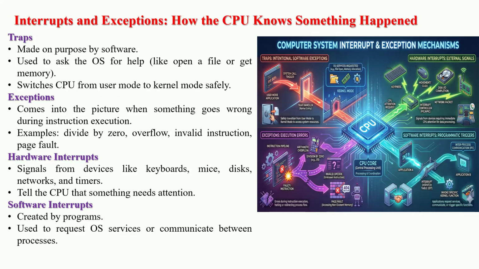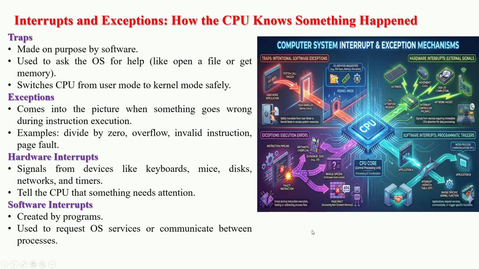Programs use them to request service or to communicate. For example, let us say you are writing a C program, and in the C program you want to make use of printf to print a message. Now this would be through the program that you are passing, and that is a software interrupt. The CPU clearly knows the source, and according to that it reacts.